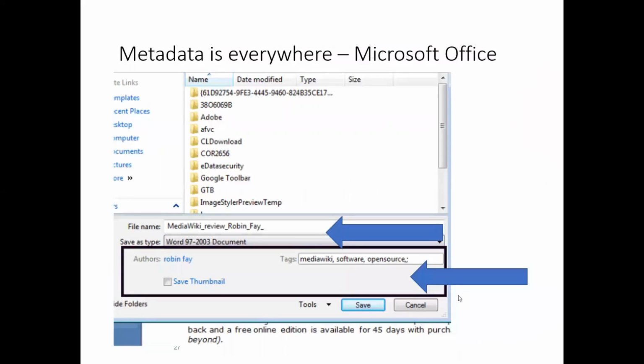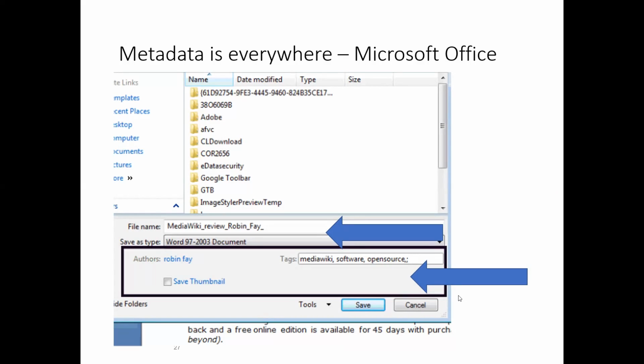I just want to give you an example because we all probably have seen structural metadata and not really thought about it. If you look at Microsoft Office, when you go to save something, you'll have a place where you can put a file name in. There's some structural metadata. There's the file type. If we were cataloging this, we would also describe that, right?